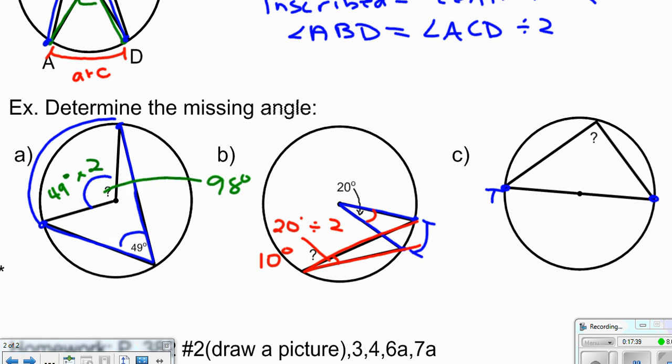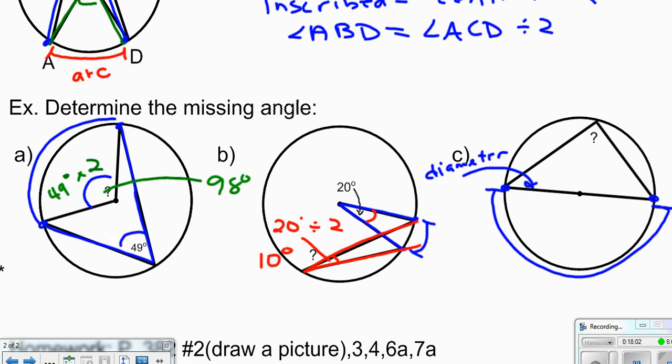This is going to be a special case. I hope that you notice that we have a diameter line. And so we have a diameter line as our central angle. And then we have an inscribed angle, and they share the same arc.